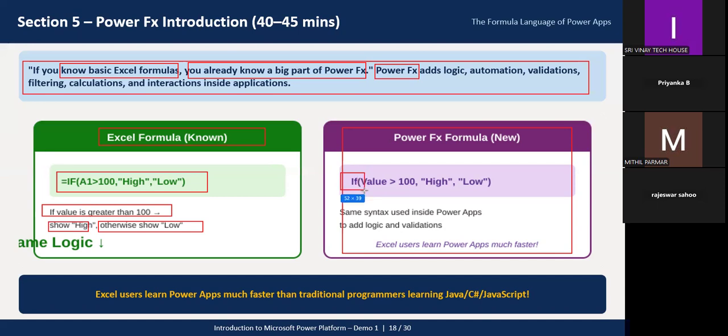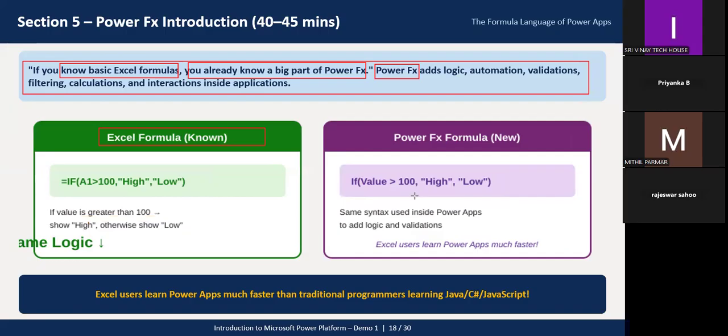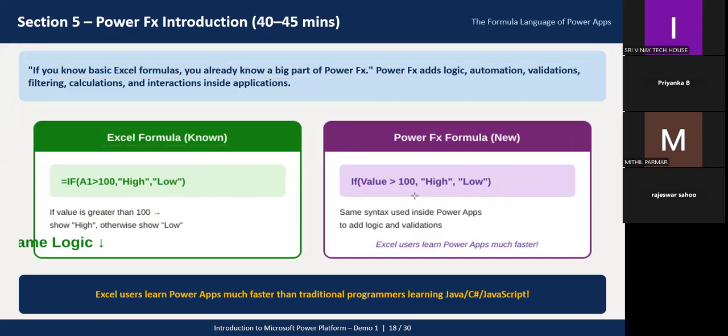But with a slight syntax difference when we compare with the Excel formulas in Power Fx. So the same formula we can apply here as well. Okay, guys, are you clear? No need to worry about coding. This is the only coding that we will call coding in Power Platform.